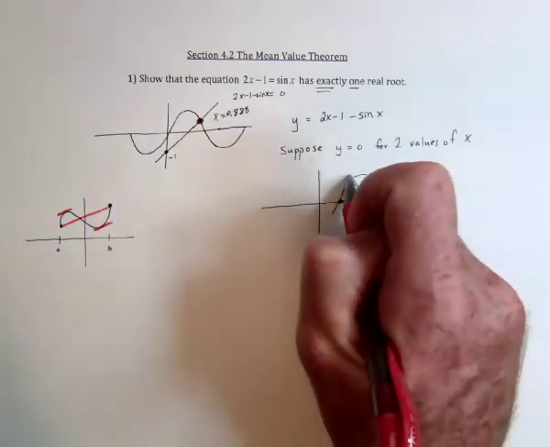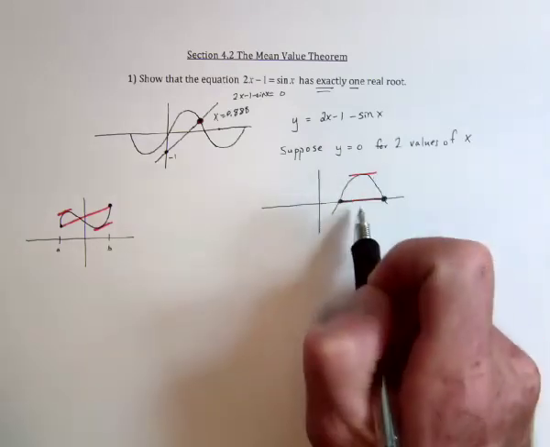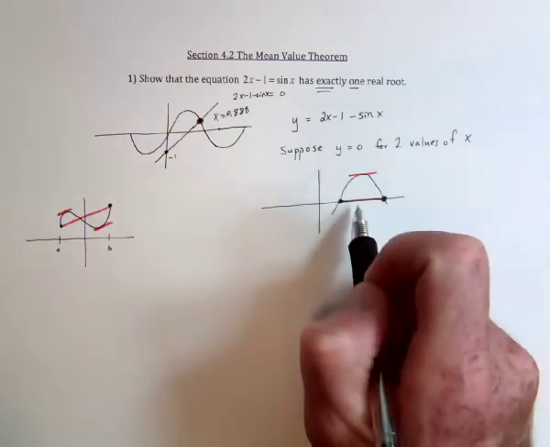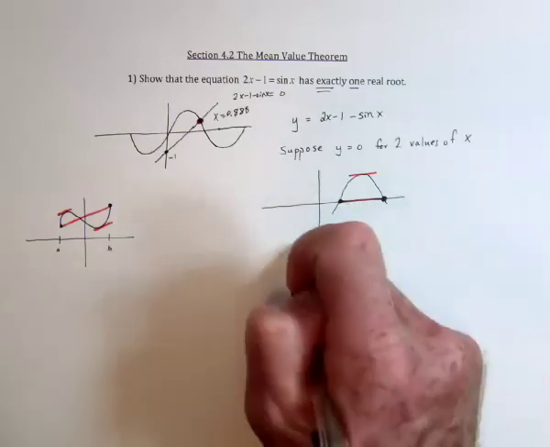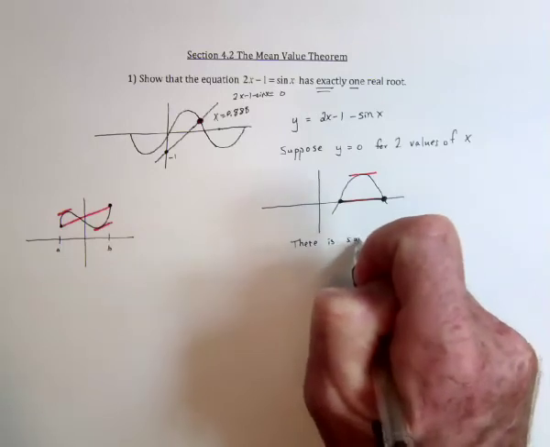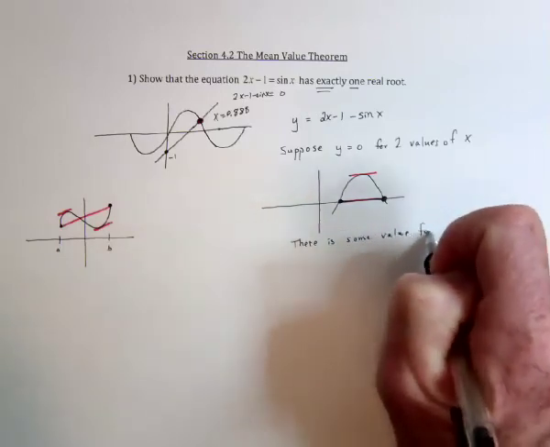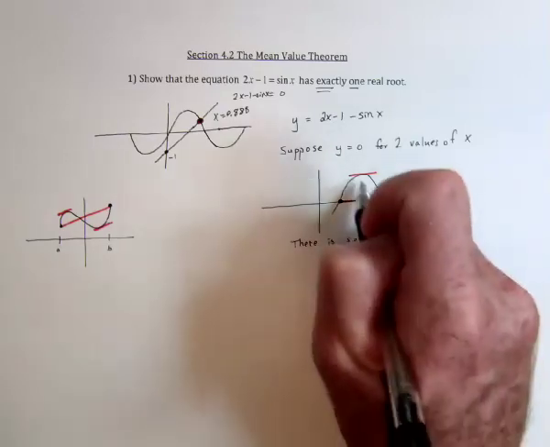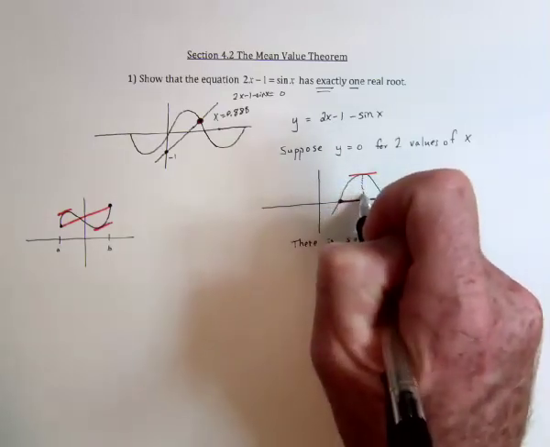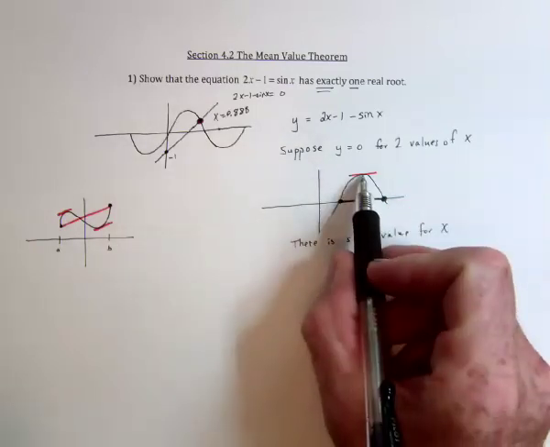Which means that there's going to be some other place where it's got a horizontal tangent line, or in other words, the slope is equal to 0. So then there's going to be some value for x in between these other two where the derivative is equal to 0. Right there, the derivative would equal 0.